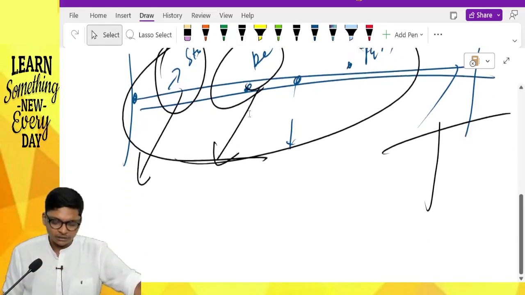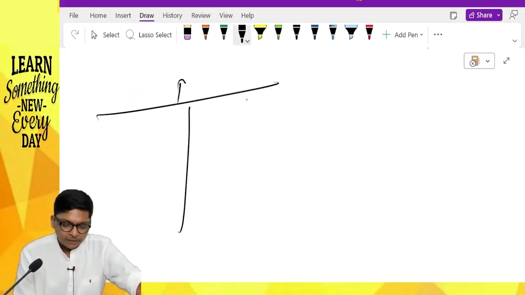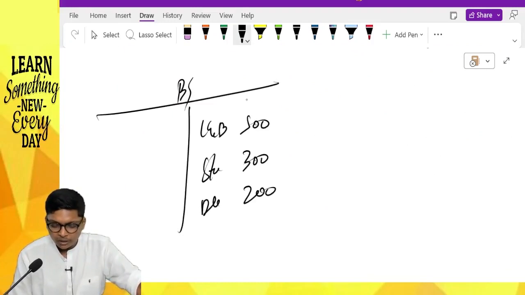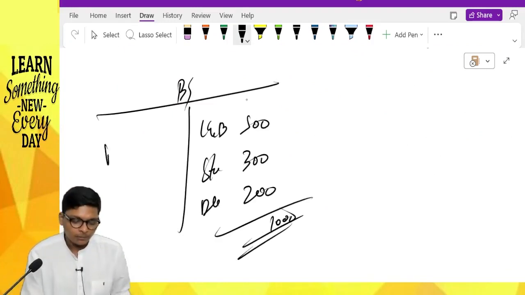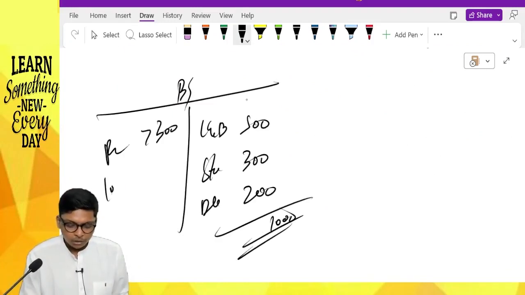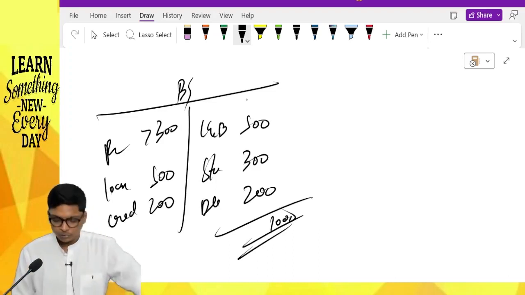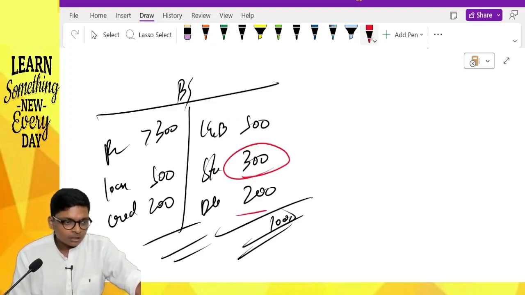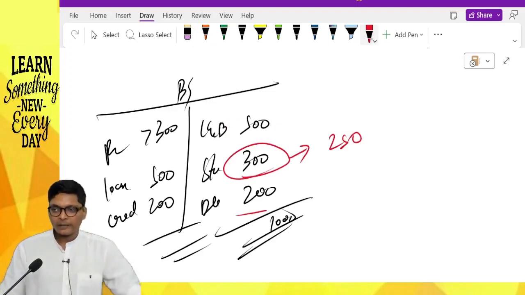I'll give you options. Let's say there is a balance sheet: land and building 500, stock 300, debtors 200, partners' capital 300, loan 500, creditors 200. Today I sold my stock of 300 for 250.